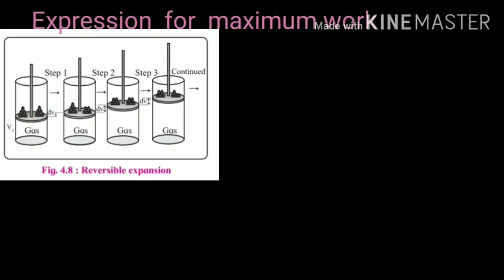The gas inside the cylinder is going to expand from volume V1, that is initial volume, to final volume V2 at temperature T. So if you observe the above figure, you will notice that the expansion takes place in a number of steps. In the diagram you can see that in each step the volume increases little by little, which means the pressure of gas is more and the external pressure is reduced by a very small amount.